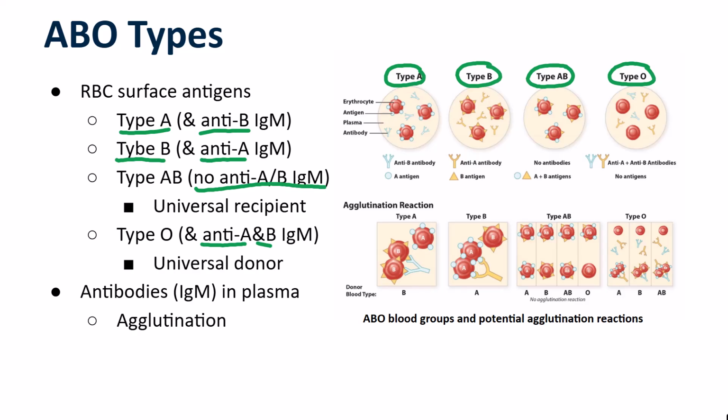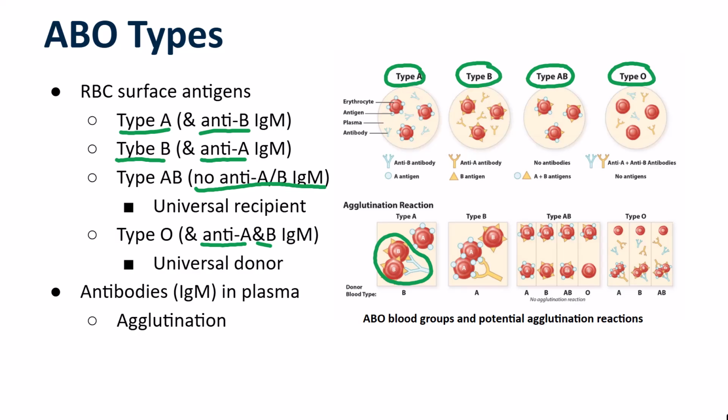So if we think about how this might play out, someone who is type A, if they receive whole blood from someone who is type B, then what happens is their anti-B antibodies will agglutinate that, causing a potentially lethal combination.